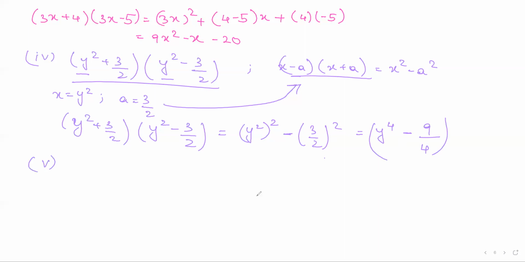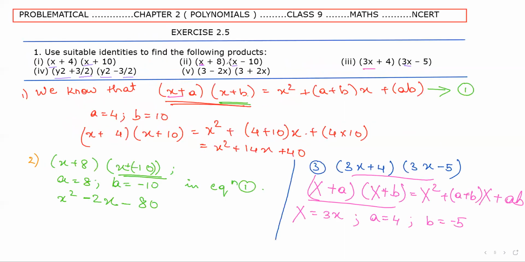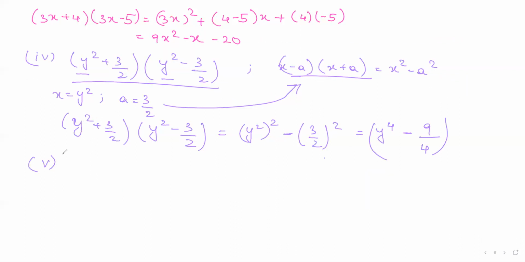There's also one more question. 3 minus 2x, 3 plus 2x. Here, it's the same thing. We are using the second equation. Comparing this with the left hand side of the second equation, your x is equal to 3 and your a is equal to 2x.